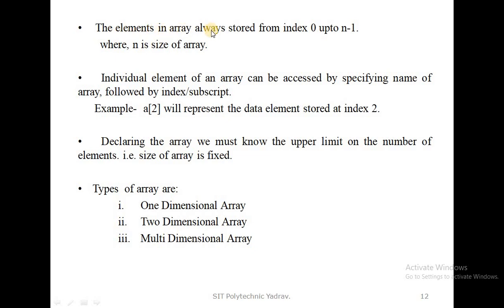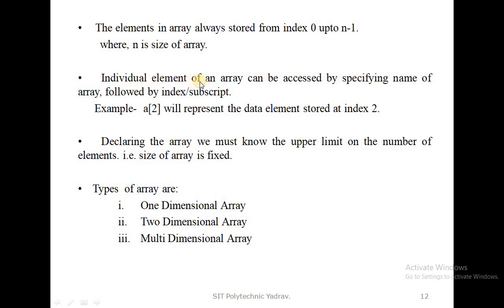The elements in an array are always stored from index 0 up to n minus 1, where n is the size of the array. In an array we start the index from 0. For example, if n is 10, then 10 minus 1 means 9. Your index runs 0, 1, 2, 3, 4, 5, 6, 7, 8, 9. That's all.